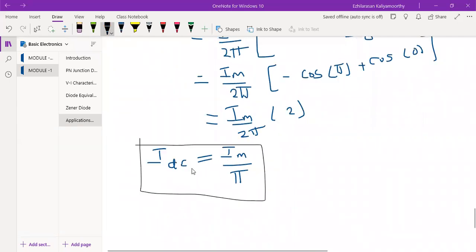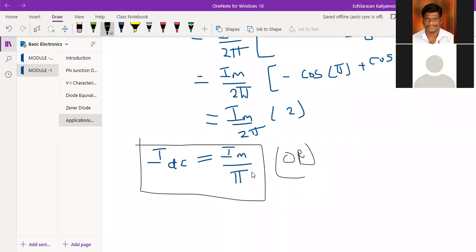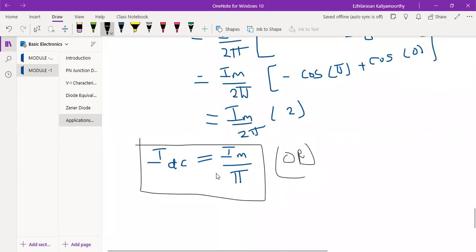So you see, IDC is equal to Im by pi, or we can write Vm by pi R. This will be your next expression for IDC. I hope you got it now.